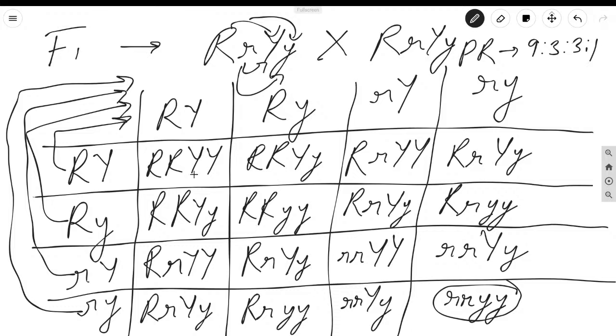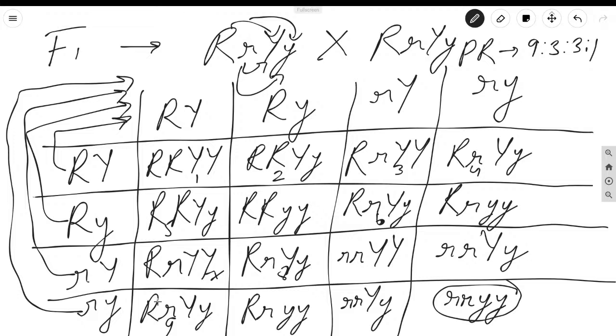So check for this one. This is first round and yellow, second, third, fourth, fifth, sixth, seventh, eighth, ninth. So 9 are round and yellow, you can see here.